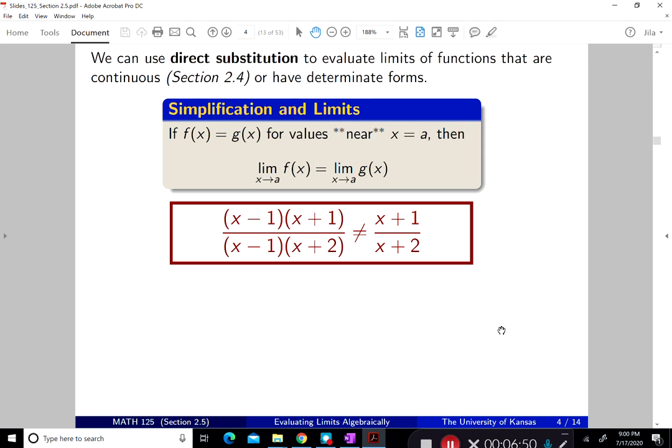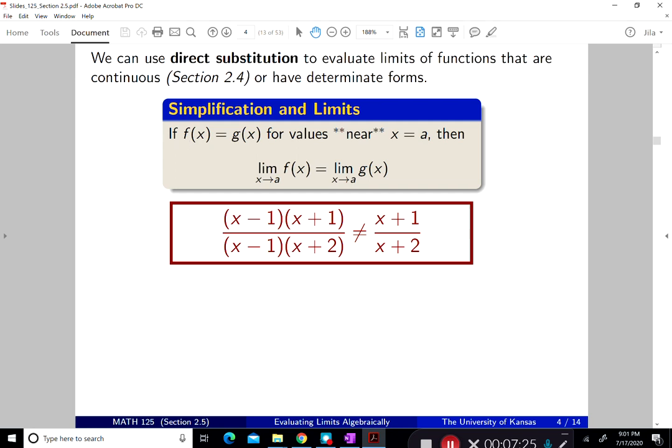Some of this direct substitution may require a little bit of simplification. So here's the theorem, basically, that will allow us to use simplification to find the limit. And we've seen this before also in the past.